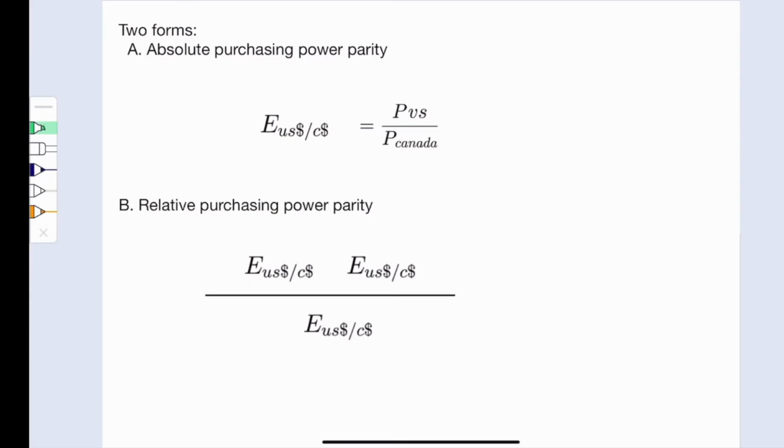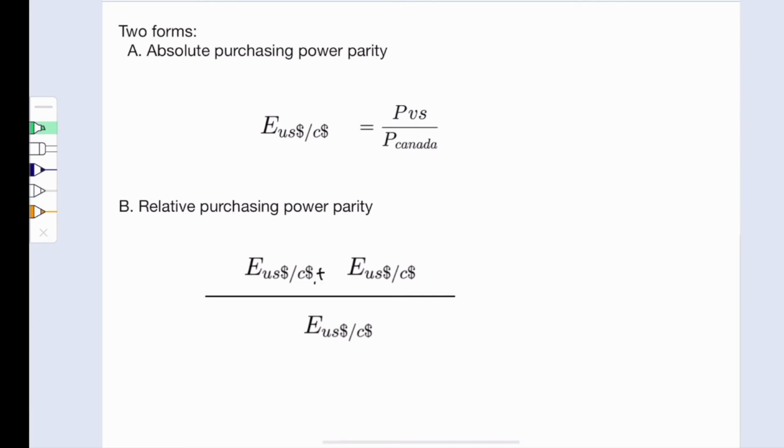In formula, the relative purchasing power parity tells us that the changes in the exchange rate, that is the exchange rate at time t minus the exchange rate at time t minus 1 divided by the exchange rate at time t minus 1, will exactly equal to the inflation rate of the US minus the inflation rate of Canada at time t, because the inflation rate at time t tells us how the price changed from this period, that is time t, to time t plus 1.